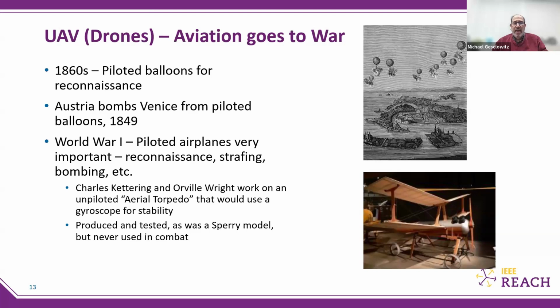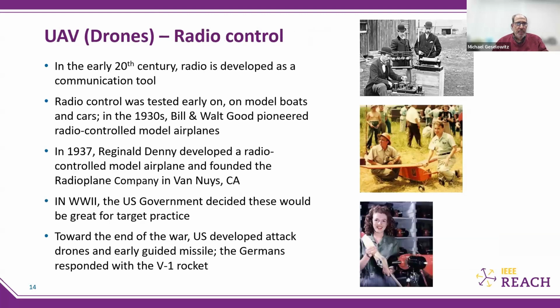Using a gyroscope for stability, actually aim bombs at the enemy that way. And Kettering and Wright, Orville Wright of the Wright brothers, and Charles Kettering, the really famous engineer who basically pioneered the U.S. automotive industry, but turned to working on planes and warfare in World War I, worked on an aerial torpedo, and so did Sperry, but they were never used in combat in World War I.